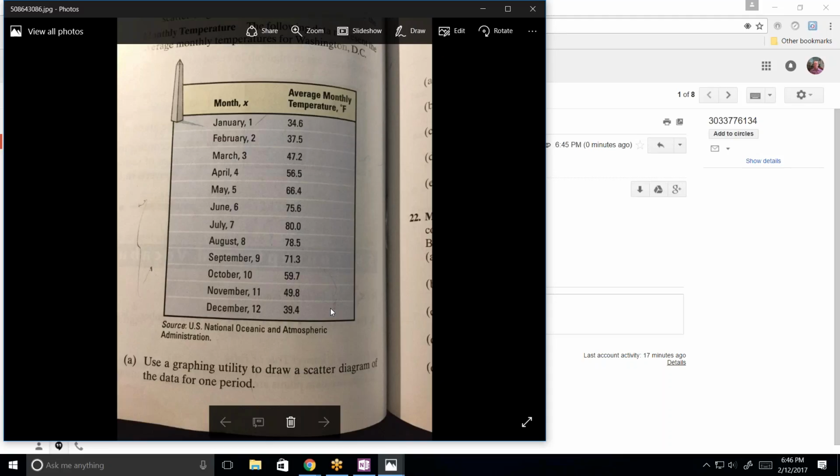You're not going to see phase shifts on monthly temperature charts because January is the lowest. In other words, this again is going to be a negative cosine curve with no phase shift. This one's not really going to be any different than the Alaska one except for the numbers.